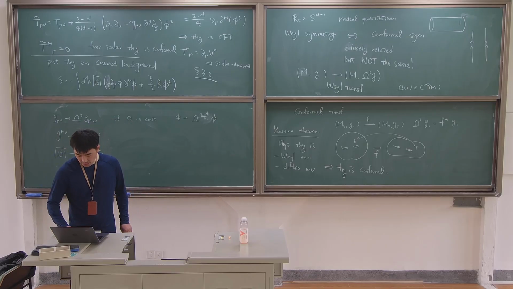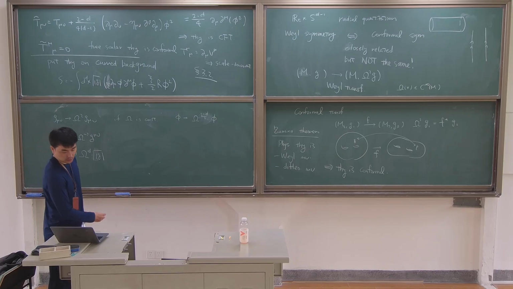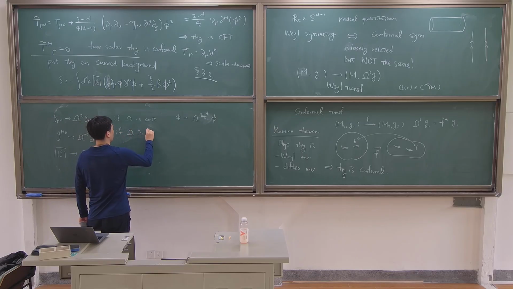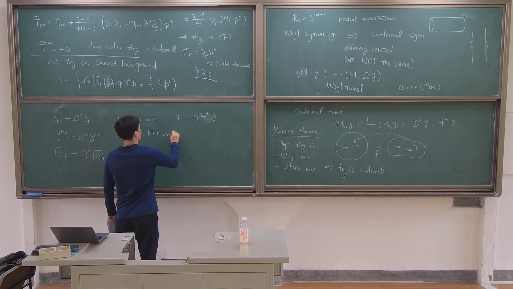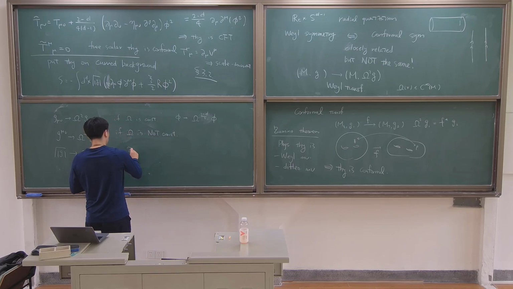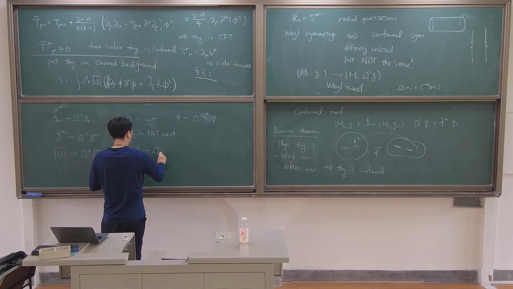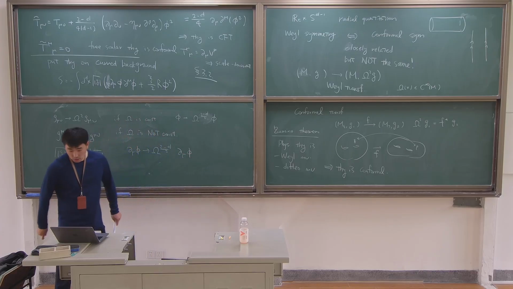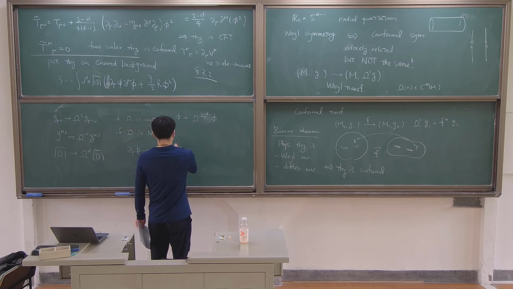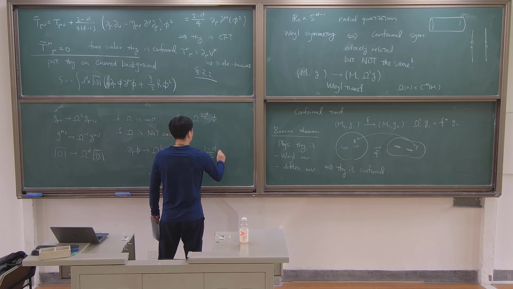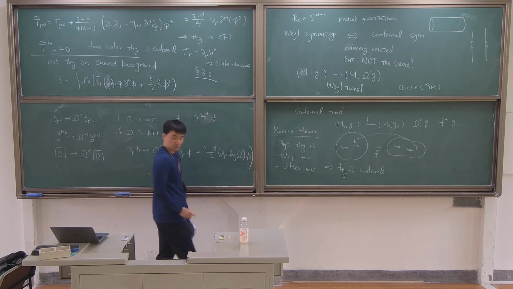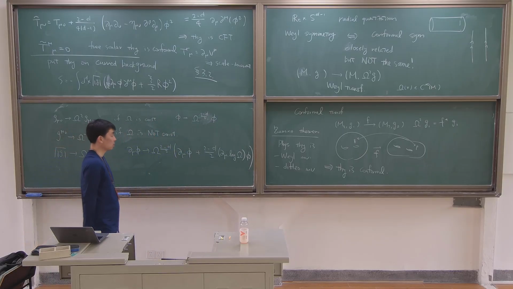On the other hand, if omega is not constant, then this partial derivative of phi is transformed as follows: omega to the (2 minus d) over 2 times partial mu phi, plus (2 minus d) over 2 times the derivative of mu log omega times phi.